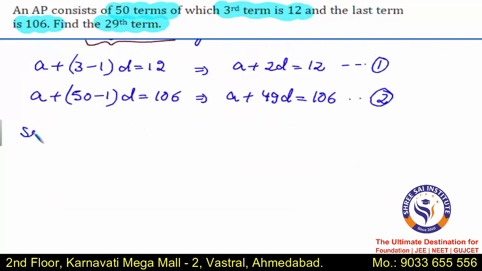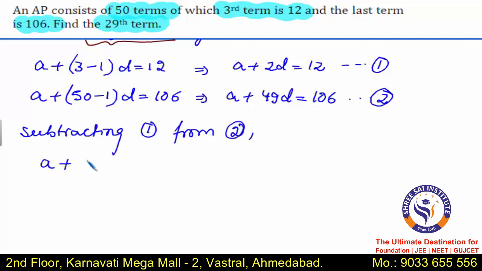Now, subtracting equation 1 from 2, we have A plus 49D is equal to 106. We have to subtract A plus 2D is equal to 12 from this.